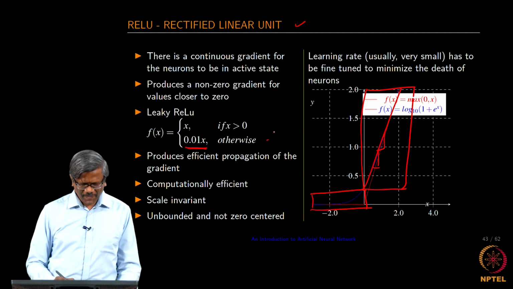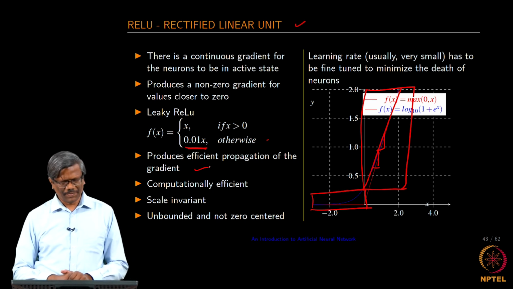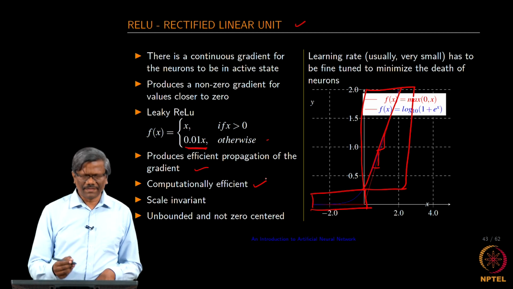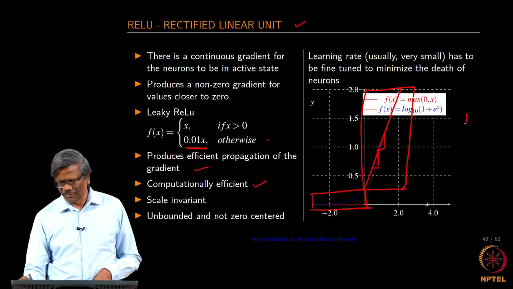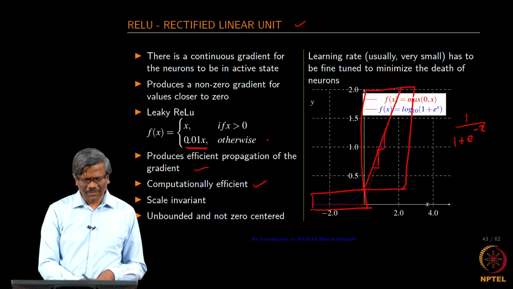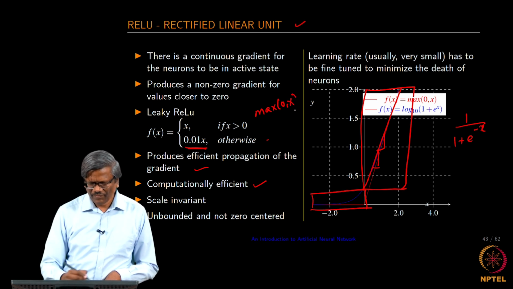Okay. So, it produces an efficient propagation of the gradient, and also it is computationally efficient. So, you do not need to compute that, as with the sigmoidal function, right, and this is pretty simple. It is very similar to max of 0 and x.